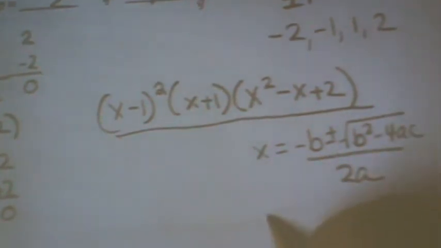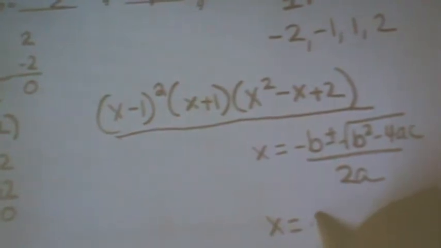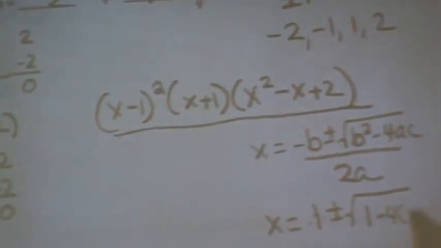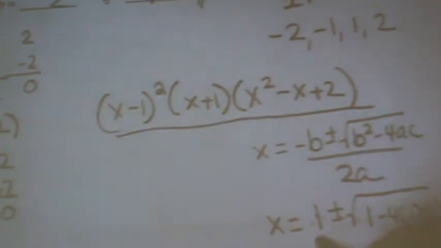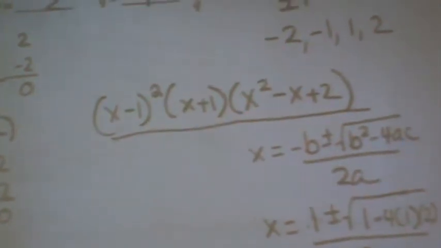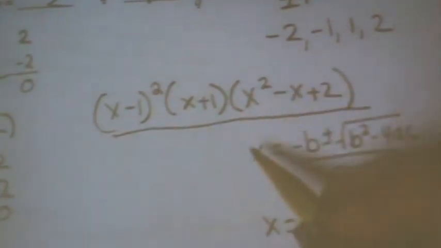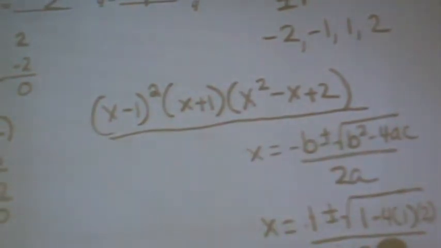But when I do that, what am I finding? So 1 minus 4 times 1 times 2. What kind of discriminant am I getting here? I'm getting a negative. So this is showing me that these are imaginary.